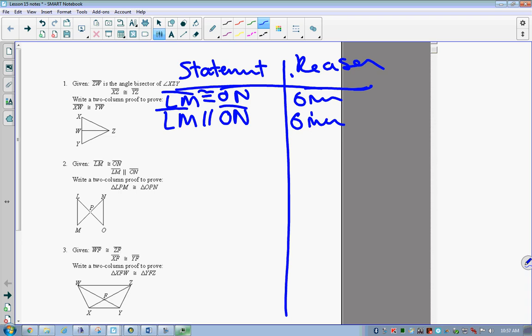Now in this, it just wants me to prove that these two triangles are congruent. They told me that LM is congruent to ON, and that these two lines right here are parallel, which means that this line is a transversal.